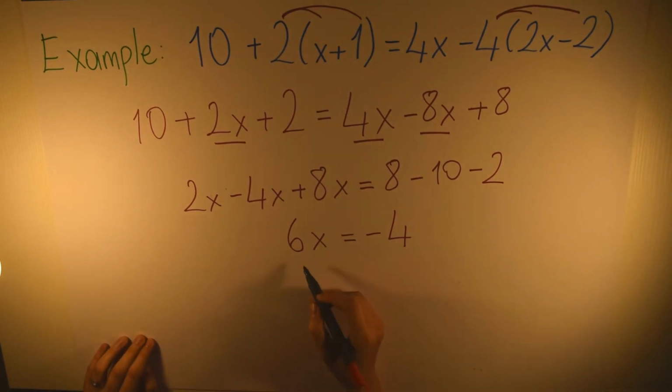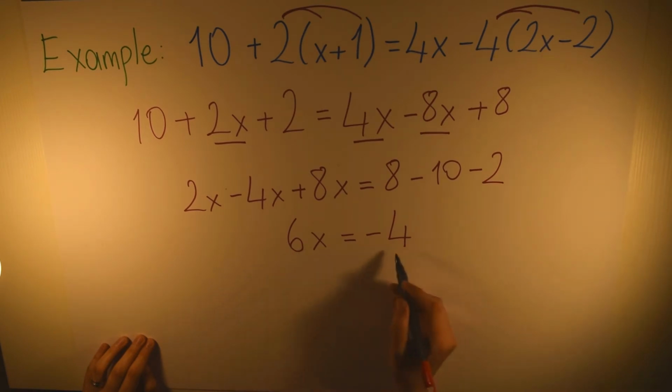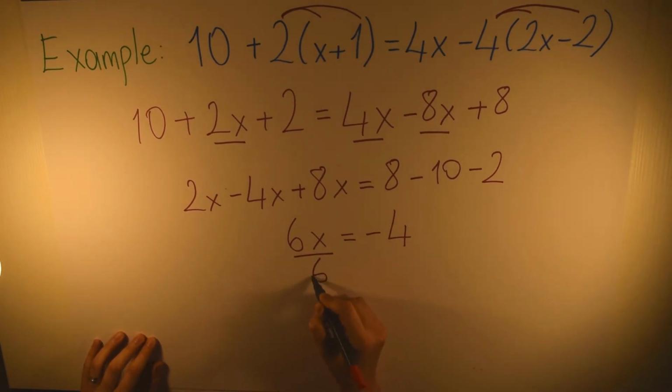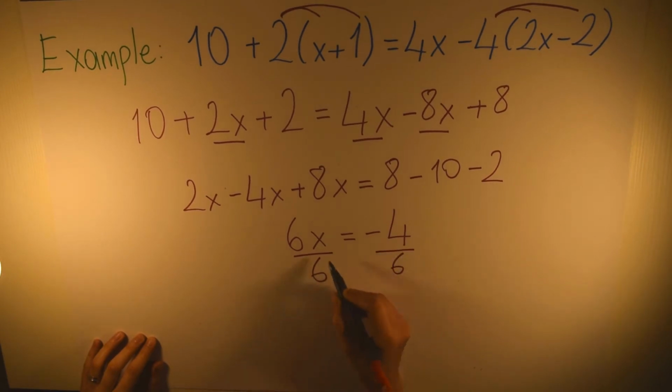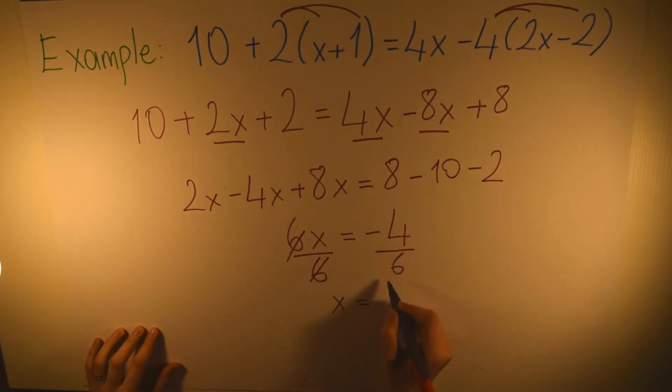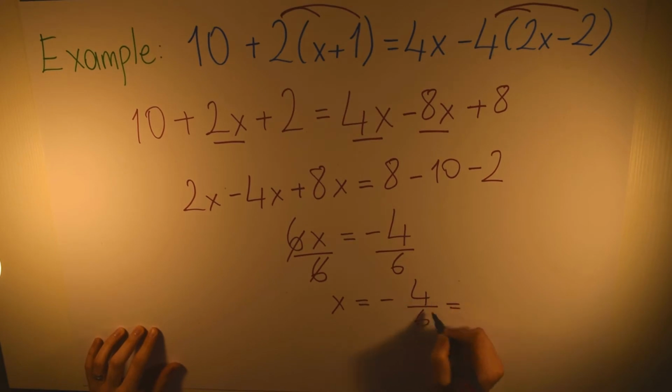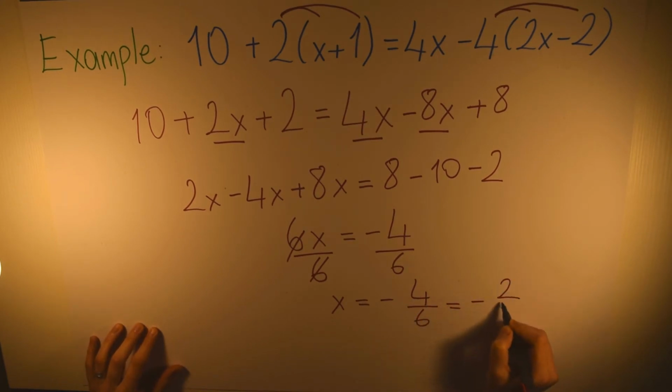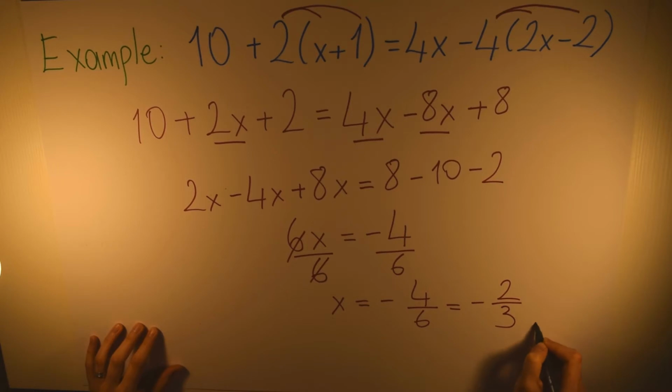How do we do that? We divide each side by 6, right? When I divide each side by 6, I will leave this x alone, is equal to minus 4 over 6, or this is also equal to minus 2 over 3.